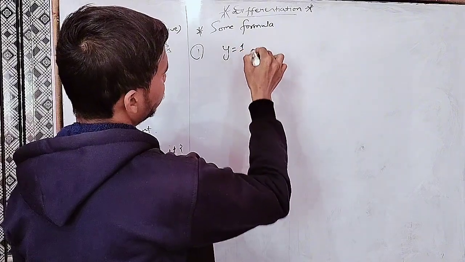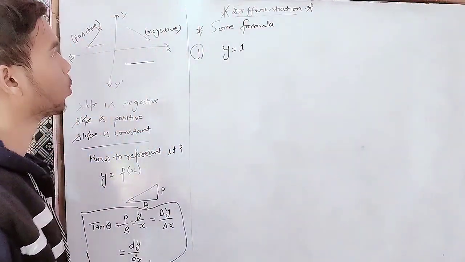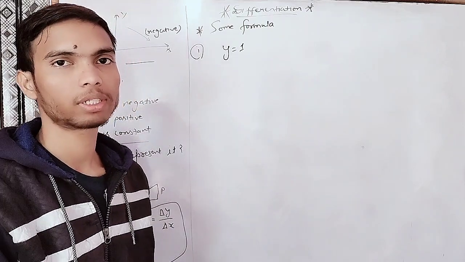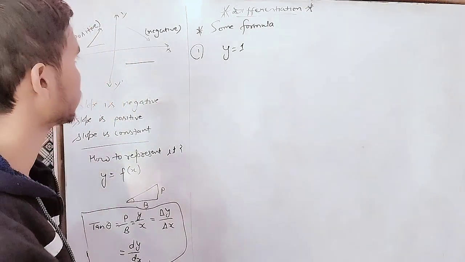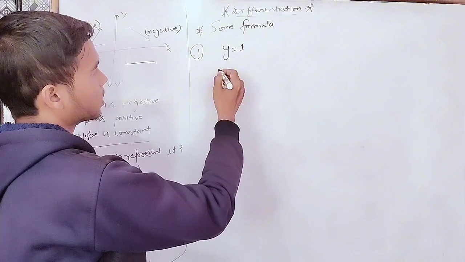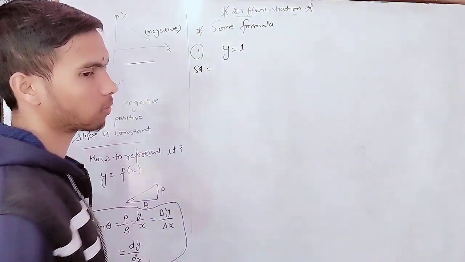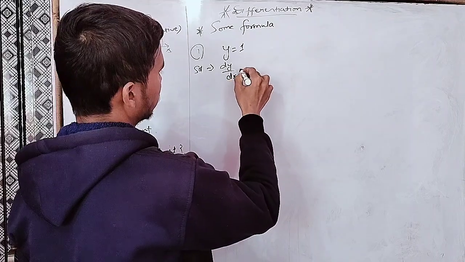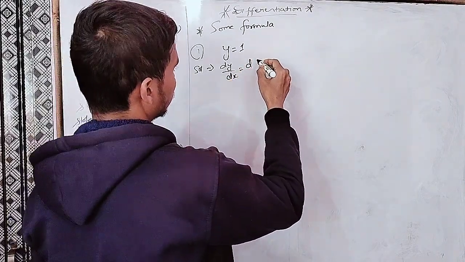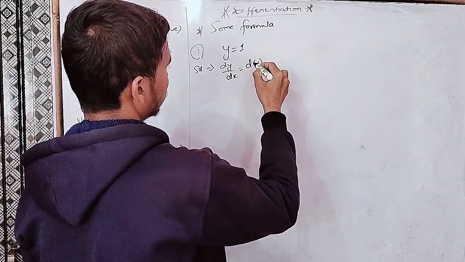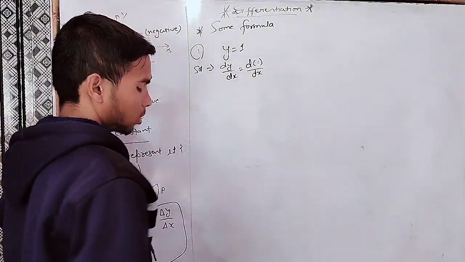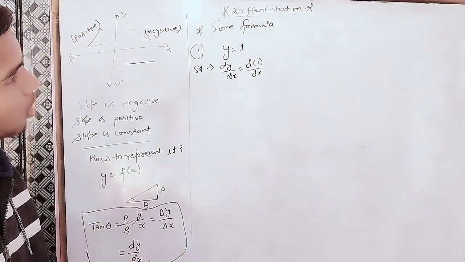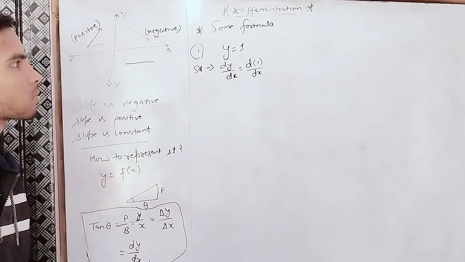So here we have y is equal to 1. So we are going to differentiate it. So how to differentiate? We will solve like that. dy dx is 1. Okay.